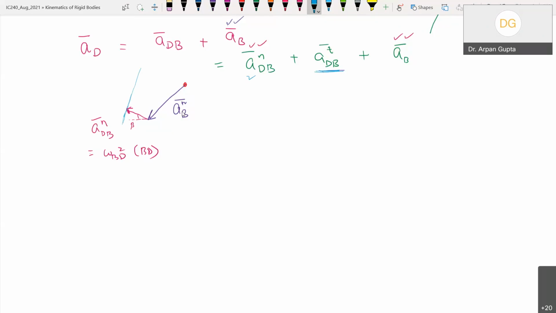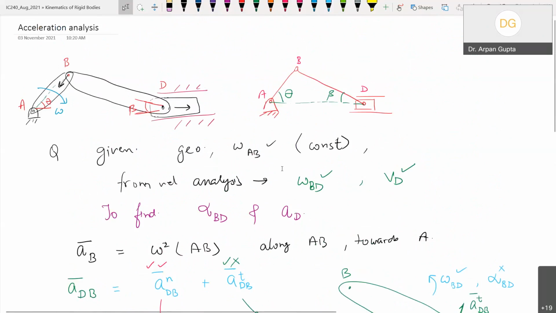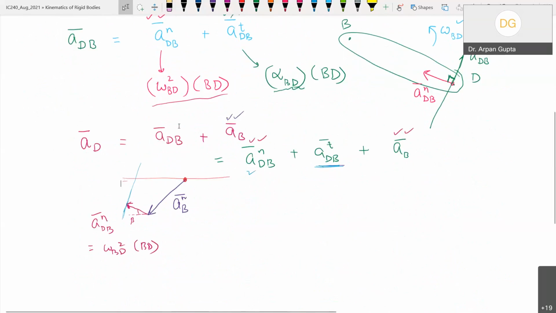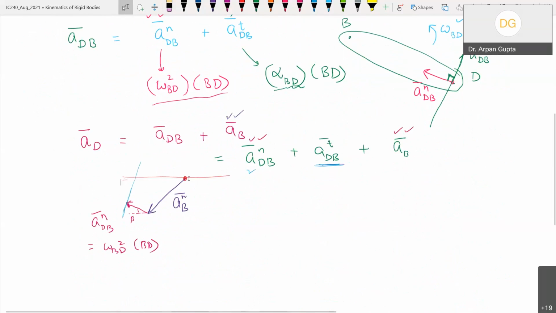After adding these three accelerations, we should get something which is horizontal, because point D, which is your piston, has to move horizontally by constraint, by design. So point D will lie on a horizontal line.